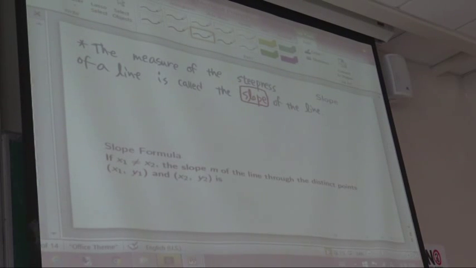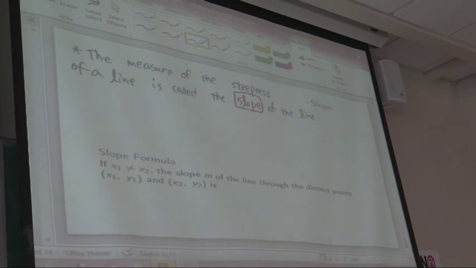Now, how can I define the stiffness? The stiffness is a ratio between the x increase and y increase. When you have 2 points and connect them, let's say this point is x1, y1, and this point is x2, y2.